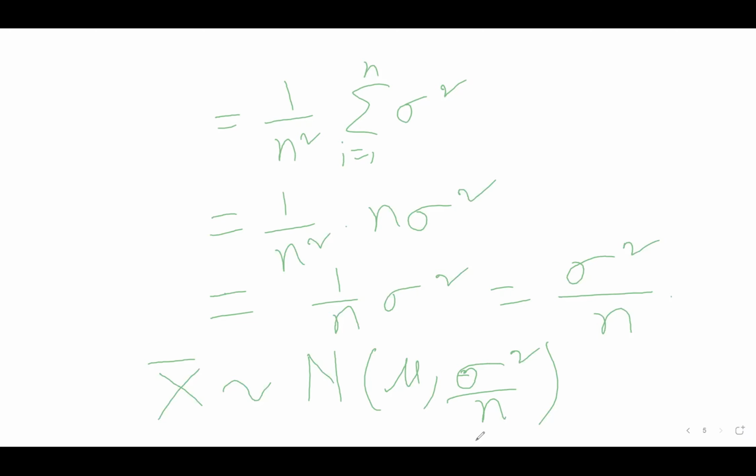They are not the same. Variance of x was sigma square. Now we calculated that variance of x bar is sigma square over n. And you will also see that when you will be solving problems for the sampling distribution. Is it clear how we calculated mean and variance for x bar? Or do you have any question?